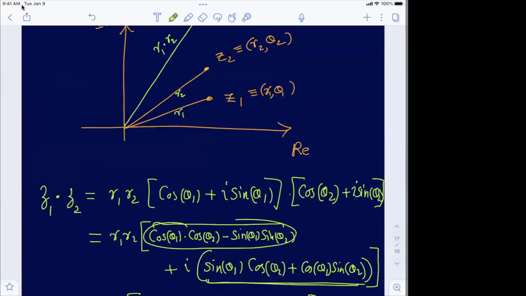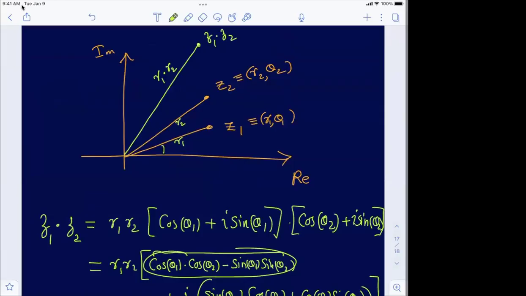When you consider these two arguments, argument 1, theta 1, and here we have theta 2, what happens when we get to the third argument is we are rotating. We start from theta 2, the second number that we consider according to this diagram, and then we measure another angle of theta 1 from there. So all together, what you're going to see is theta 1 plus theta 2.